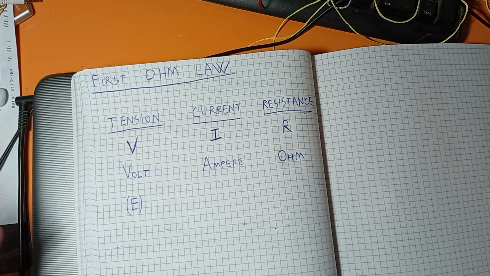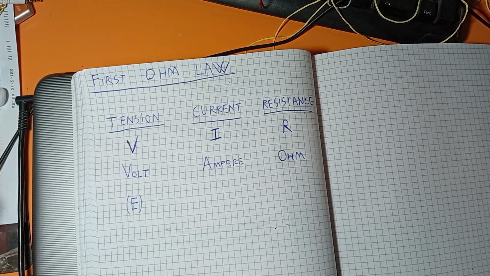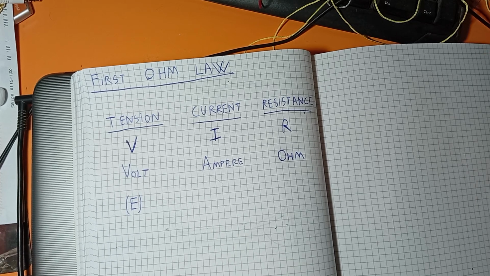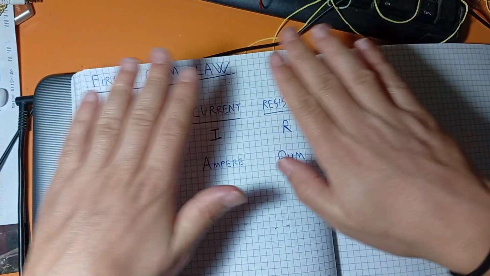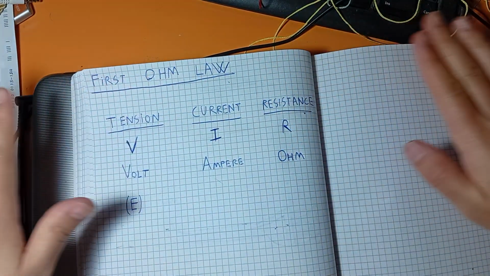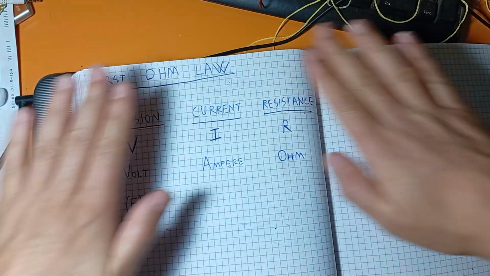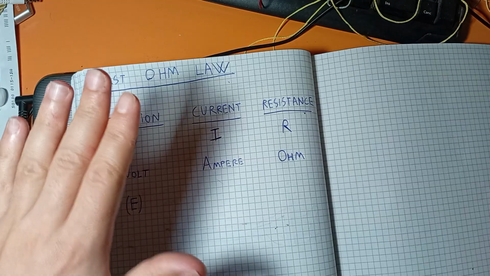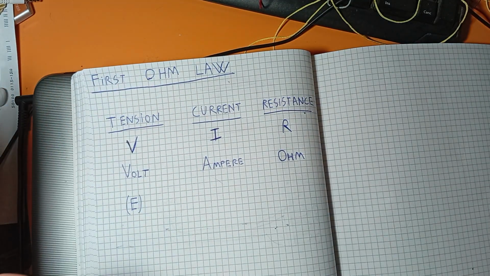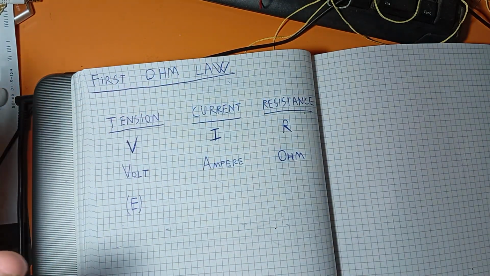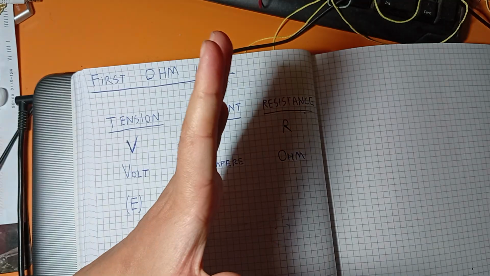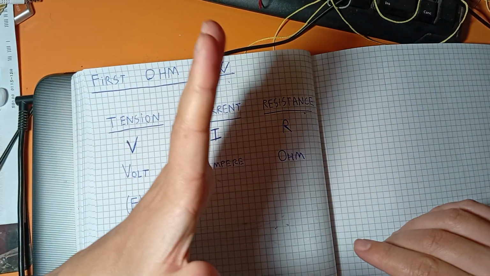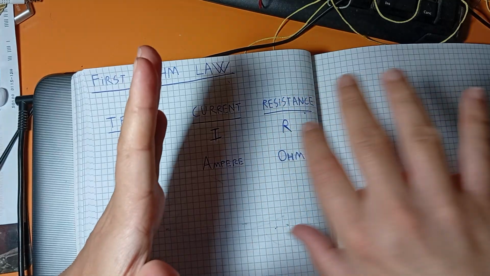Imagine you are at the seaside or in a pool, and you have your hand here on the surface of the water. Imagine with your hand you push the water in this direction. So your hand pushes the water in this direction, and the water will move in this direction.